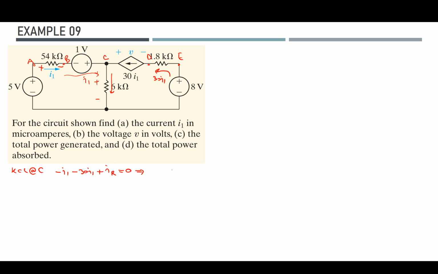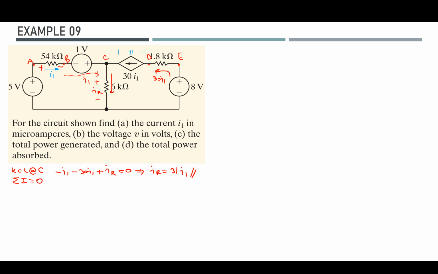From here I can conclude that the IR should have a value of 31 I1. This is useful because the total sum of currents at circuit node C should be 0. I use this fact to obtain my relationship for the IR.